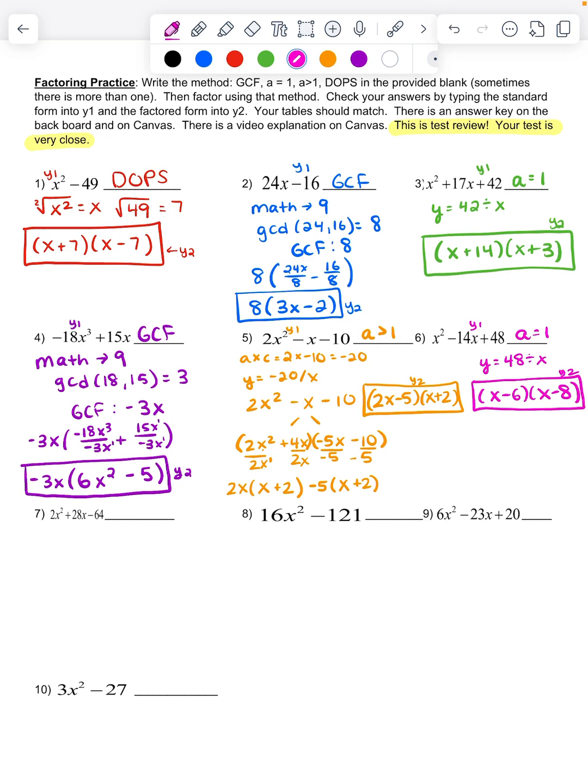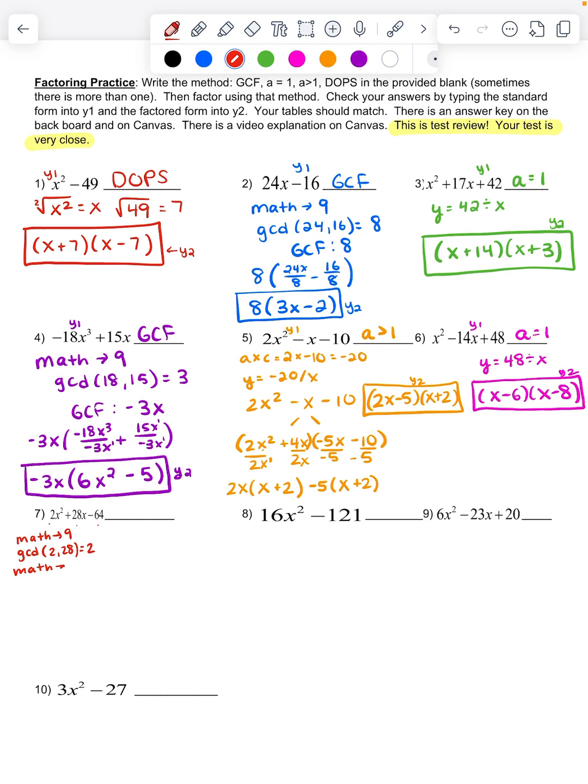Okay, at first instinct, I want to say that number 7 is an a is greater than 1 problem. However, one thing that I noticed that's standing out to me is that this is even, this is even, and this is even. So my guess is there's a GCF that can be pulled out here. If you do a math arrow to the right 9 of 2 and 28, you'll get 2.